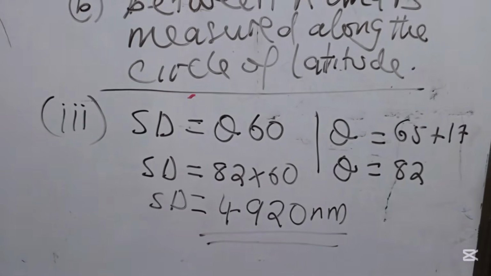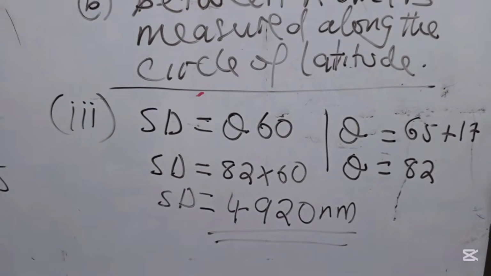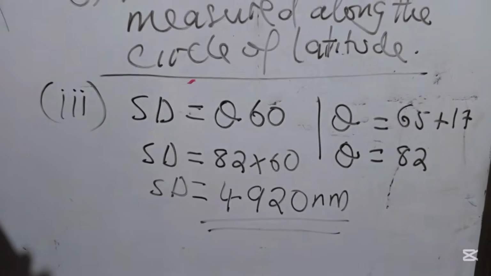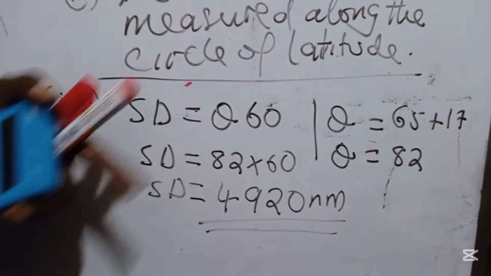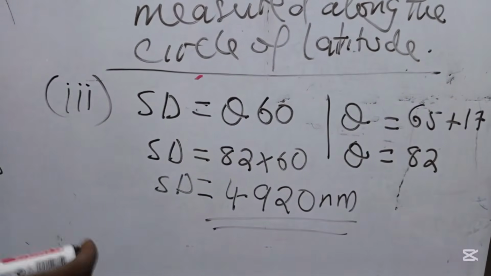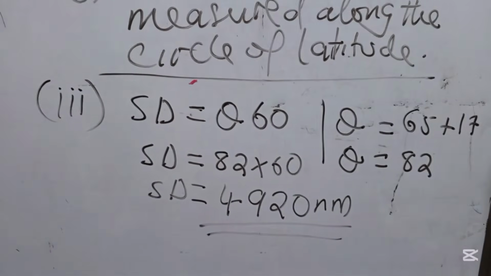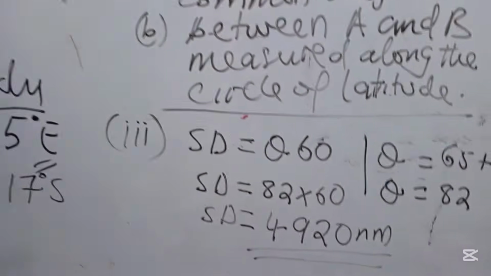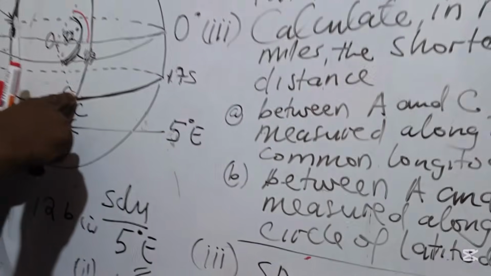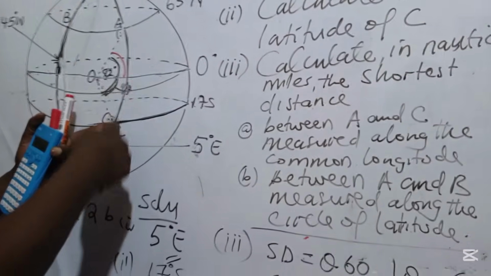For the shortest distance along the longitude, no need of wasting your time. It's the same method of finding the distance along the longitude. It's the shortest distance because on the earth or the globe, the shortest distance is always along the major circles.